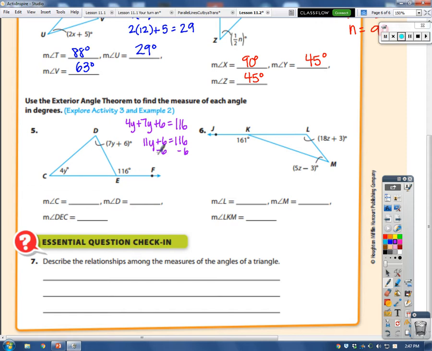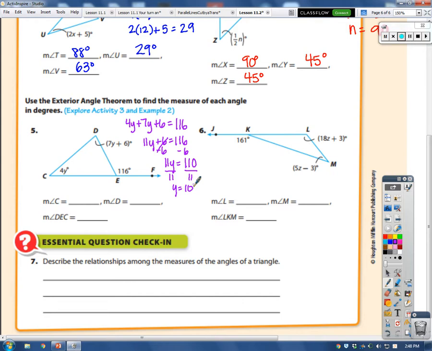Minus our 6 here to try and get y by itself, so 110 divided by 11 equals y equals 10. Okay, so now we just have to plug those in.